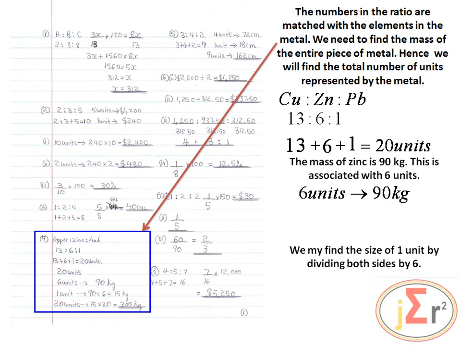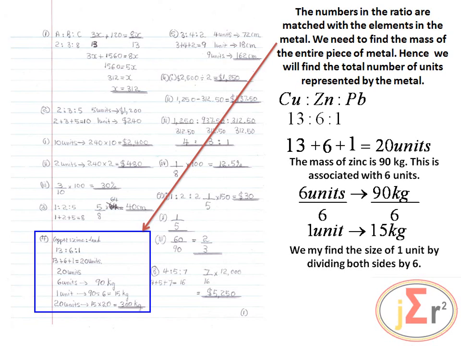As usual, we find the size of 1 unit, which is a very powerful step in solving a ratio problem. If we can find the size of 1 unit, half our problem is over. So we may find the size of 1 unit by dividing both sides by 6. 6 into 6, 1. So that's 1 unit. 6 into 90, 15 kilograms.